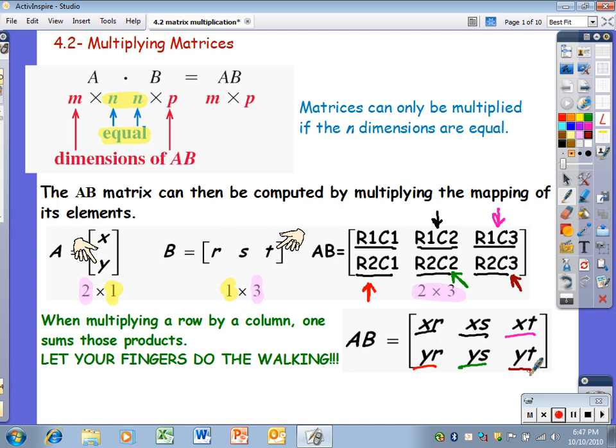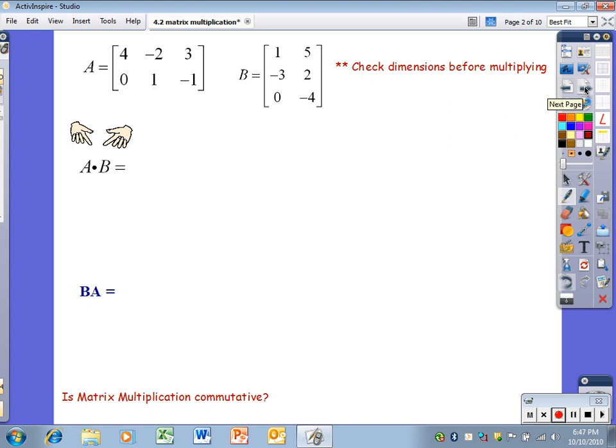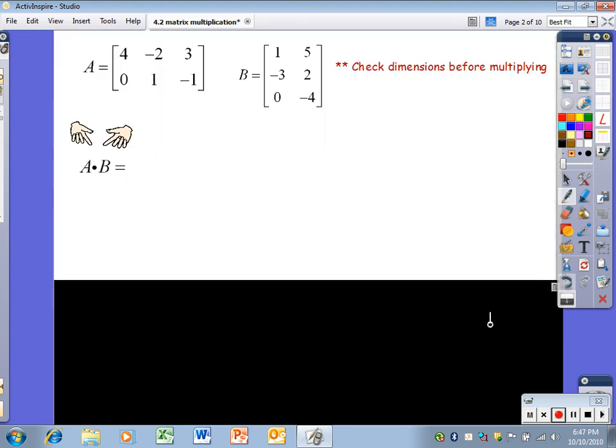Let's try another one. This time, we're multiplying matrix A times matrix B. So go ahead and write down matrix A. It is a 2 by 3 matrix.